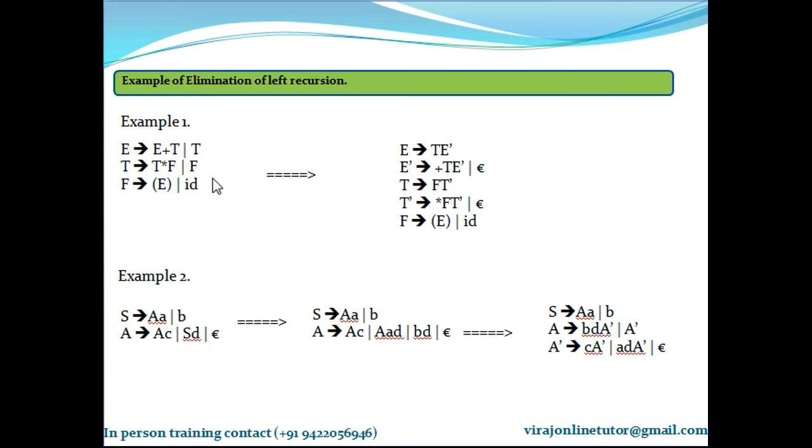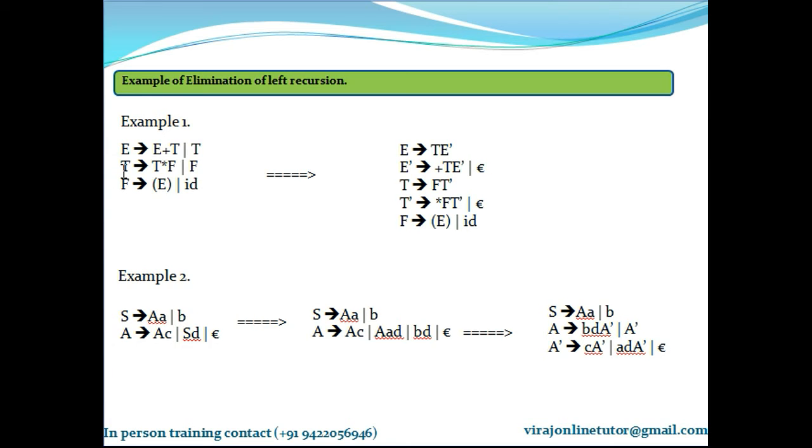Can you all think and write down the eliminated left recursion for this direct left recursion? T gives T asterisk F or F. If I compare this with the formula, it's of the format A gives A alpha or beta. So here capital T is A, asterisk F is alpha, F is beta.